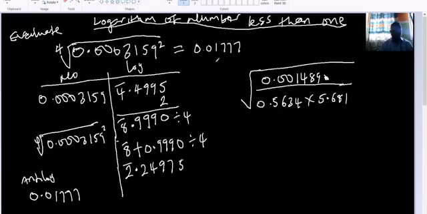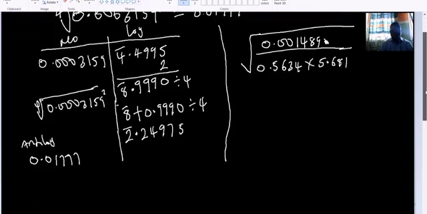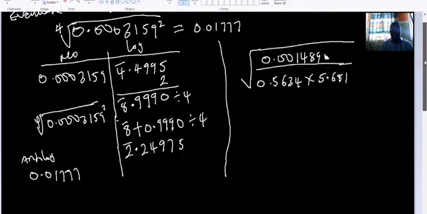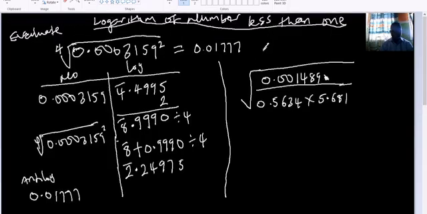So look at this one now. We want to solve this one. So the question here is to evaluate using table.